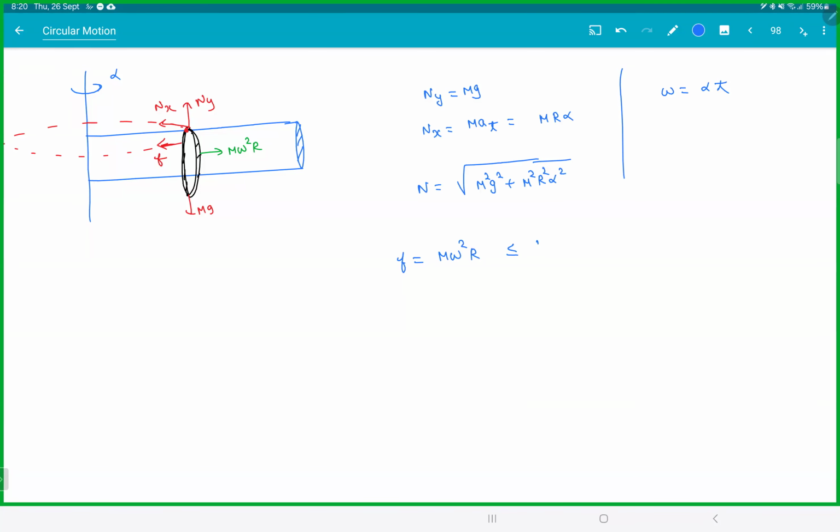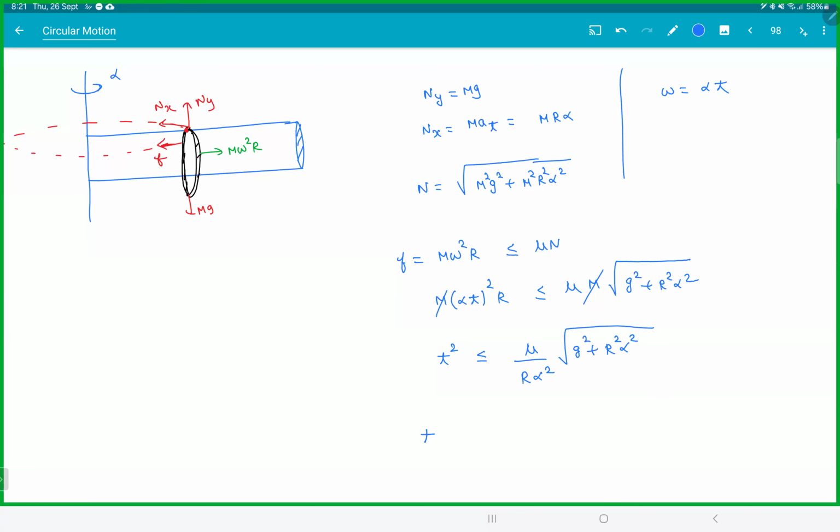But I know friction must be less than or equal to mu times normal reaction. So omega, which is alpha t, whole square, times r must be less than or equal to mu N, which is, when m comes out, root over g square plus r square alpha square. M cancels. We get t square is less than or equal to mu by r alpha square times root of g square plus r square alpha square.